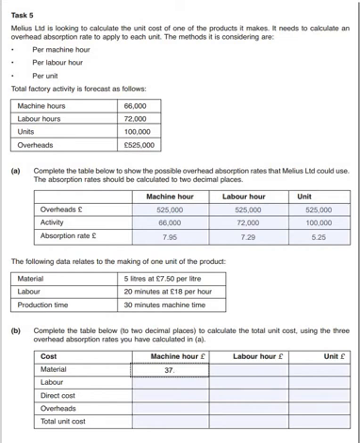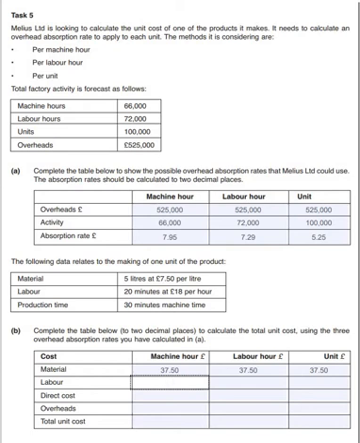£37.50 per unit, and that's the same no matter what method we use. So we can put £37.50 in each column along the materials row. Then we work out our direct labour. So it takes 20 minutes at £18 an hour.